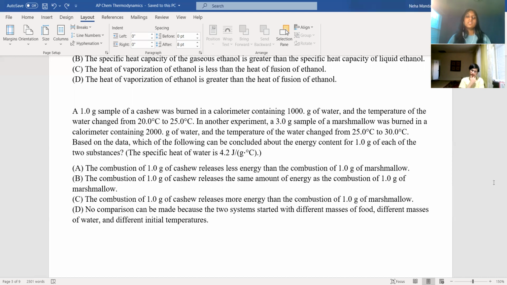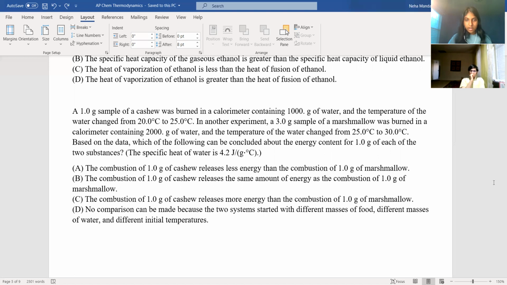Maybe because this is the specific heat of water itself, you only do 1,000. I think you would just do 1,000. So you do 1,000 times 4.2 times 5, because the heat gained by the water is the heat lost from the cashew. So for the cashew, that's 21,000.